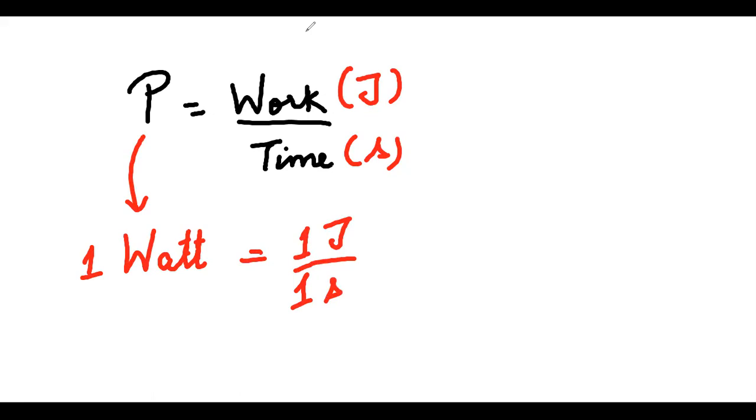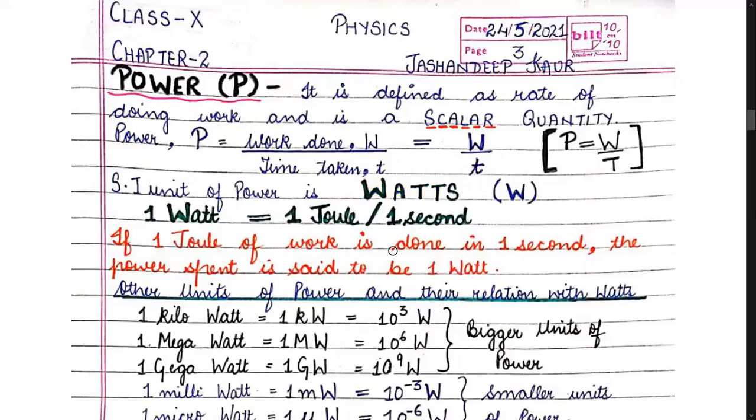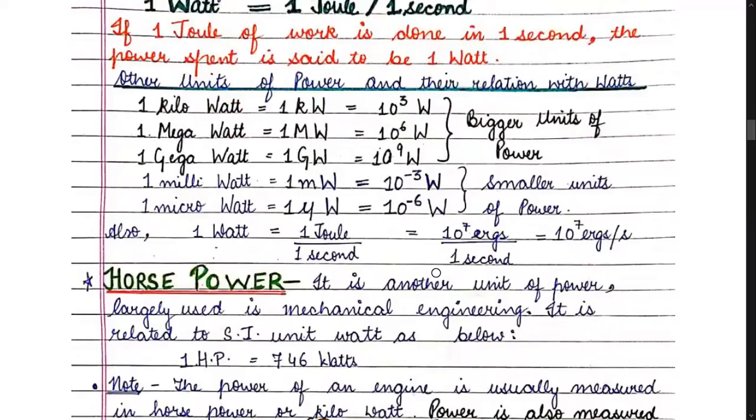It can be defined as, when 1 joule of work is done in 1 second of time, then it is said that 1 watt of power has been consumed. Or you can simply say, if 1 joule of work is done in 1 second, the power spent is said to be 1 watt. Then children, there are many units which you have to learn.